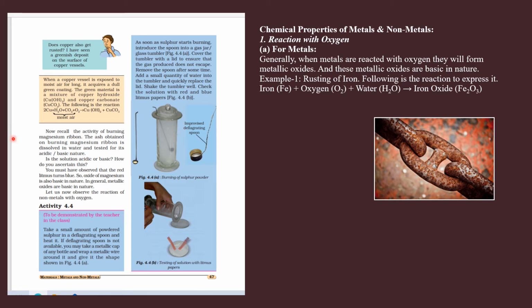One more example is given: when a copper vessel is exposed to moist air for a long time, it acquires a dull green coating. This green material is a mixture of copper hydroxide and copper carbonate. So copper reacts with moist air to produce these two things.